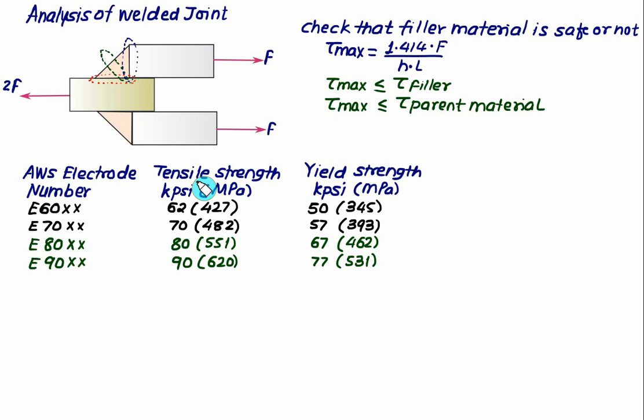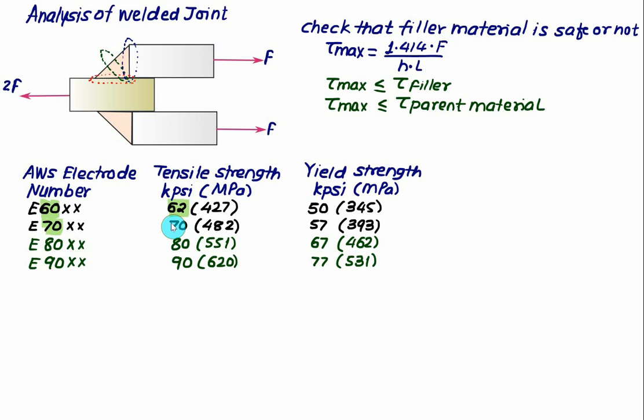I have collected two values, one is the tensile strength and the second is the yield strength. Inside the bracket we have the megapascal value, and then we have the kilo pound per square inch value for both tensile as well as yield strength. So the first 2 digits in the electrode number give you the value of tensile strength in kilo pound per square inch. So this number is 70.